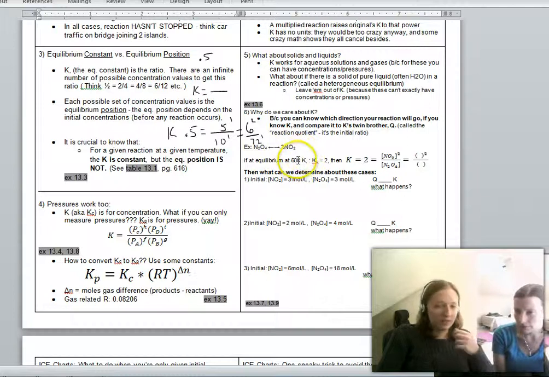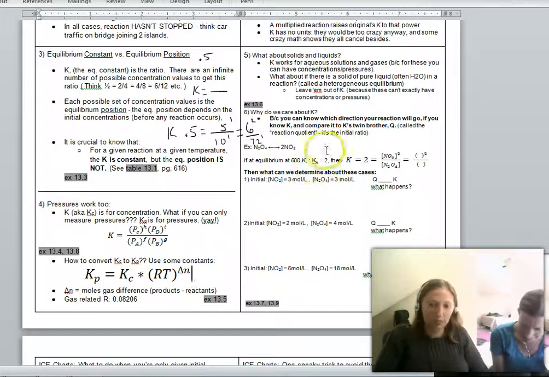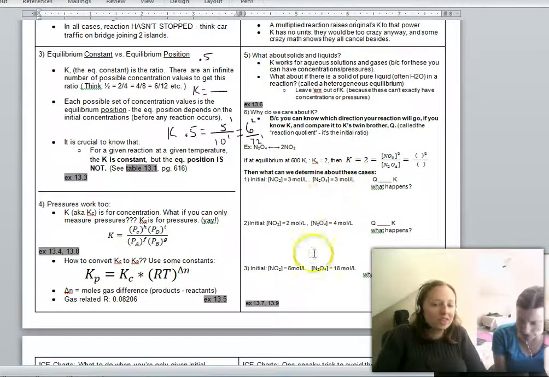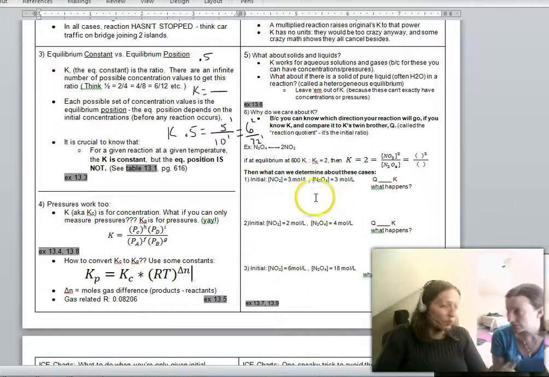If at equilibrium at 600 K, for example, you know that your K is 2, I made it a pretty easy number for you, then we would like to know what will happen if we put these things into a glass container. Which way will they go? Will I end up with more products or more reactants as they move?